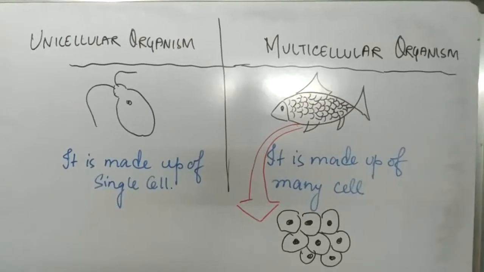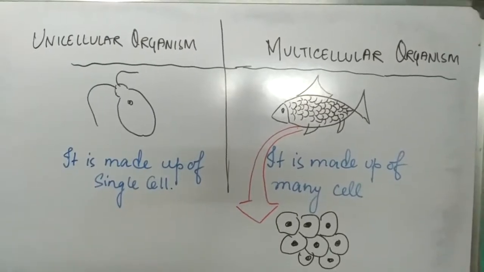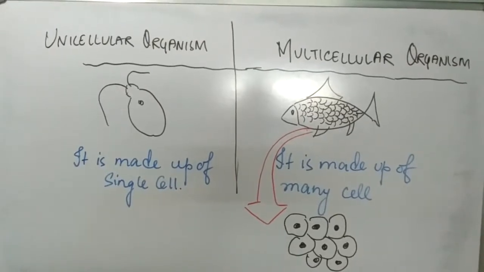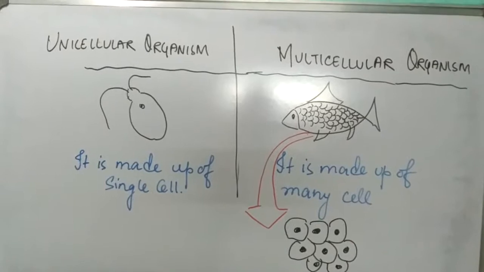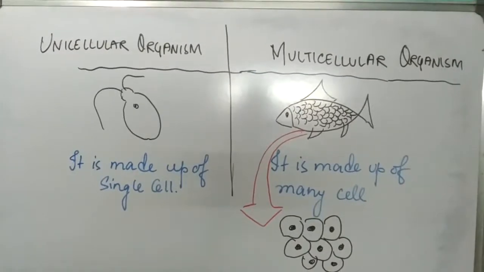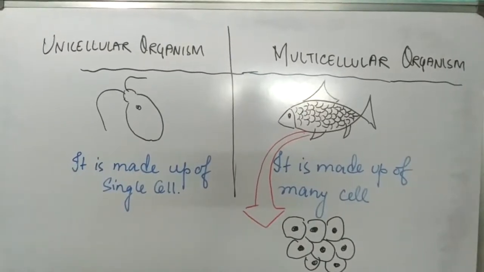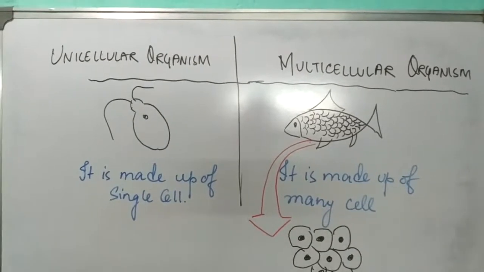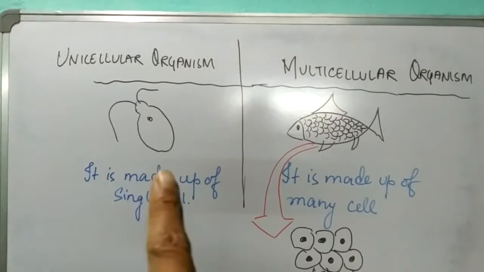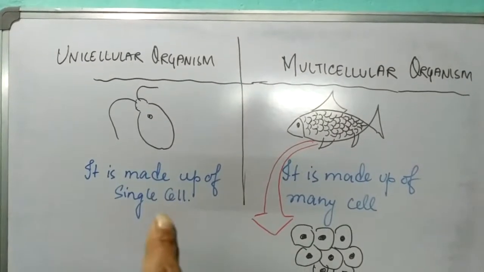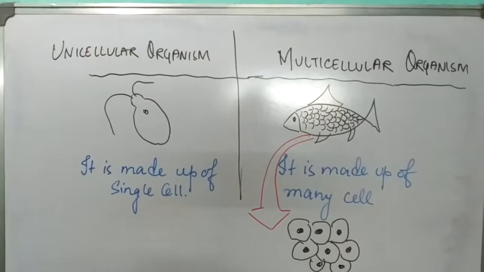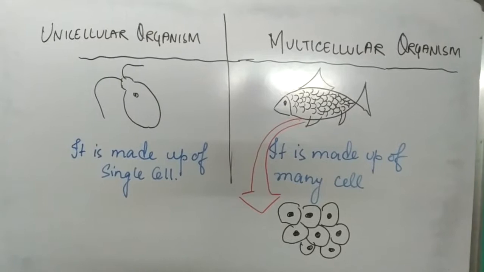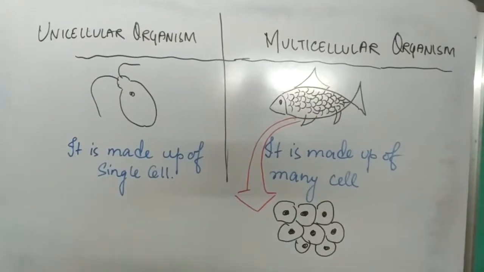Next, after we understood the concept that cells may be of varied shape, we also came to the conclusion that a cell may or may not have an independent existence. Now, organisms which are made up of only one cell, that means no more cells are present, that means this single cell has an independent existence. Such type of organism is known as a unicellular organism.